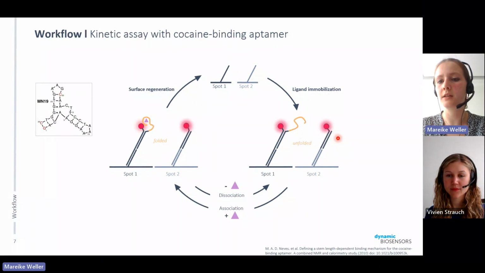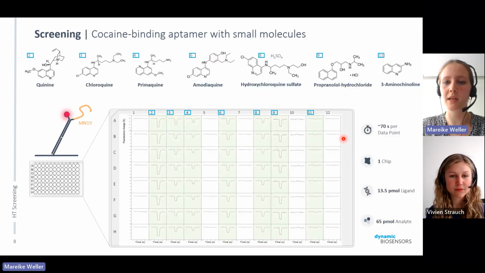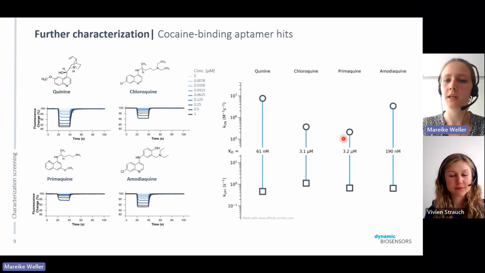And it was in this case not normalized to spot 2 since there was no effect of the small molecules. In this case, it was just referenced with the buffer line. But of course, if you have some small molecules that are also binding unspecifically, not to your aptamer, but in general to DNA, this can be very easily done. But for these data, it was not necessary.